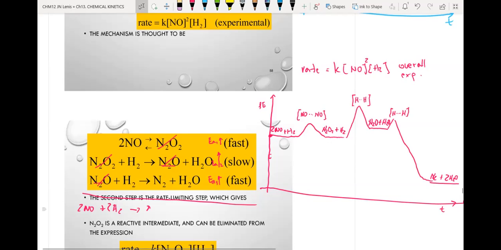We have N2 here plus 2H2O. And that's the overall reaction equation.